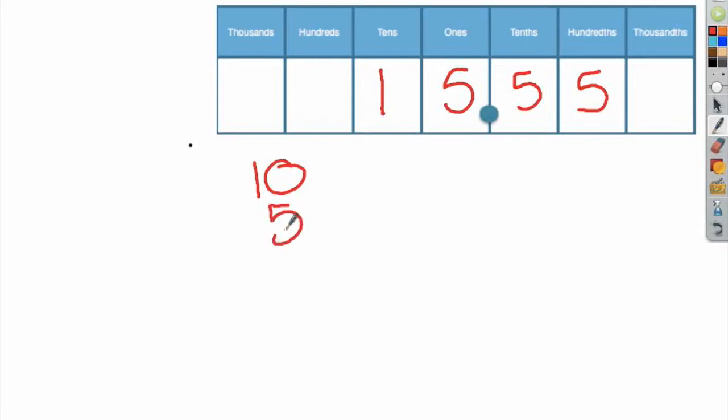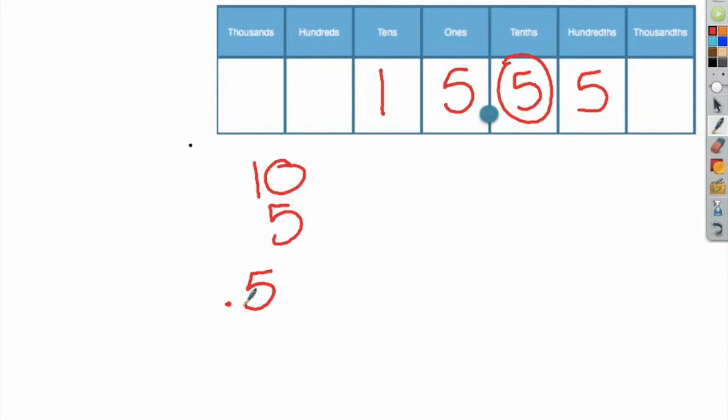And if I had that in my pocket, what would I have? How much is that worth? 50 cents, or you could call it 5 tenths, right? And how about the last 5?